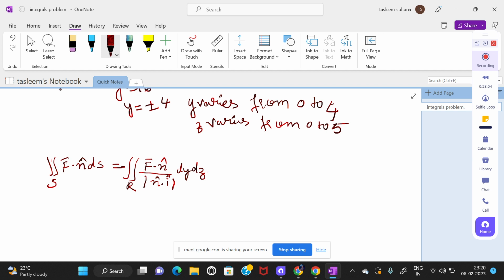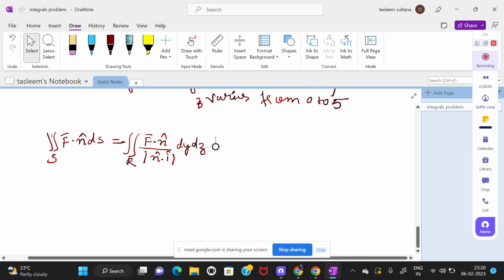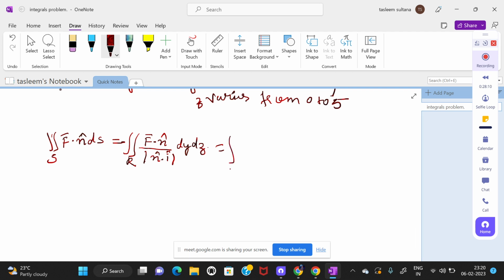Yes, now frame the values. What are you going to get? y is equal to 0 to 4, then z is equal to 0 to 5. What we got completely is z plus y into dy into dz.